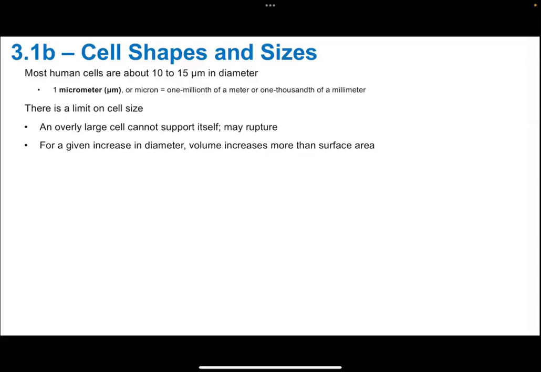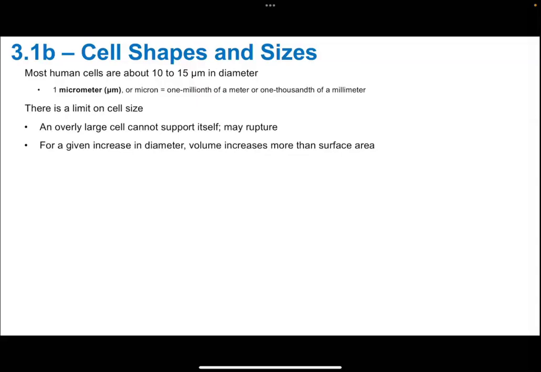And so the larger the cell is, the more of these components it's going to have. And at some point, there is a point of no return, if you will, when there's too much that needs to be held in order to support the function of the cell. So as the cell gets larger and larger, at some point it would be too much for it to hold, and the cell can rupture from being too large.